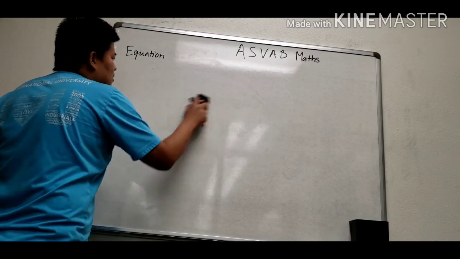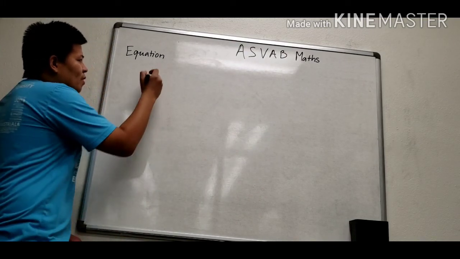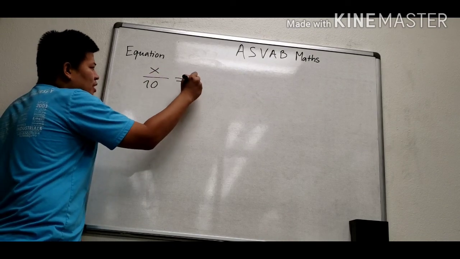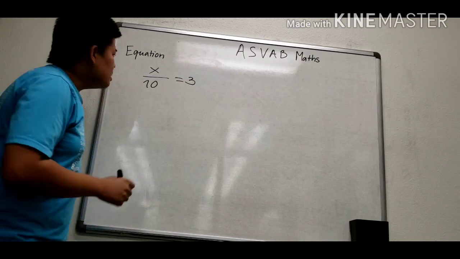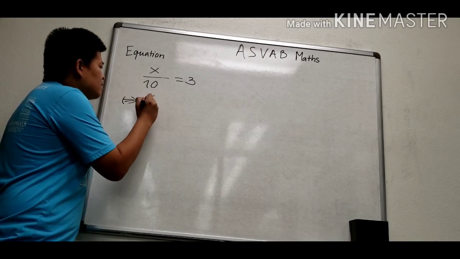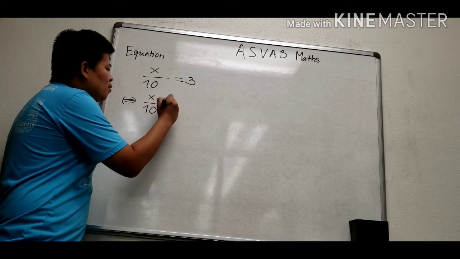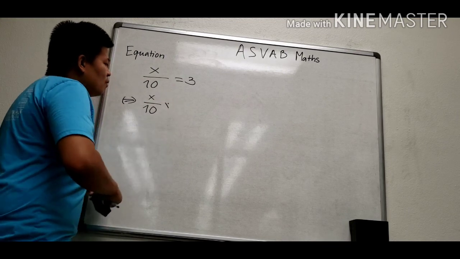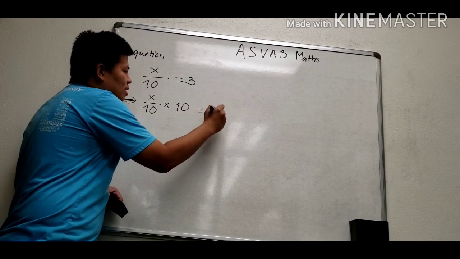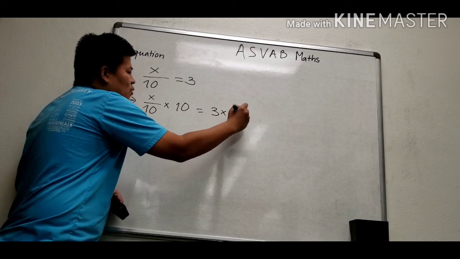The next one, we have s divided by 10 equal to 3. In this situation, we will learn this. S divided by 10, we multiply both sides with 10. 3 multiplied with 10 in both sides together.